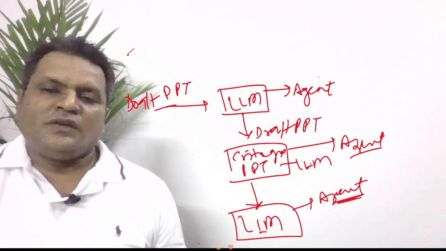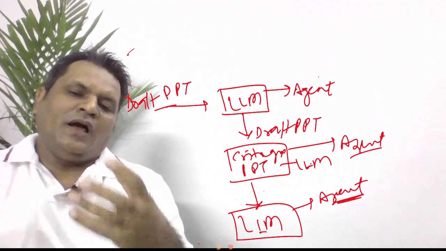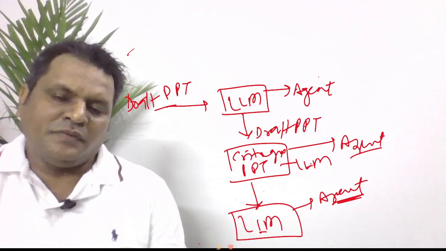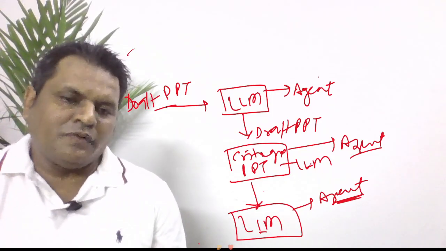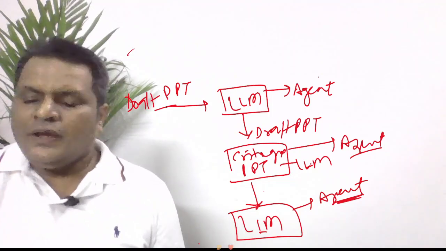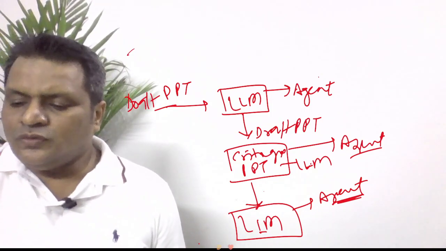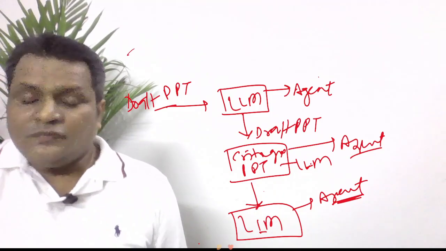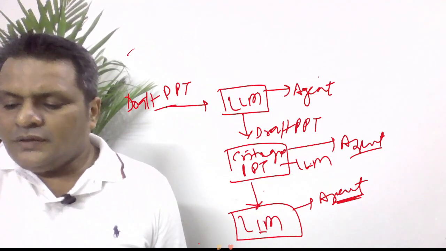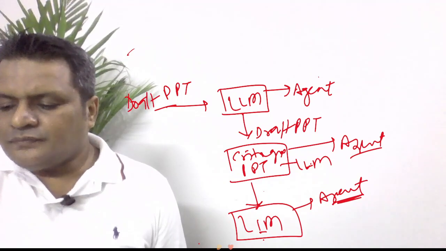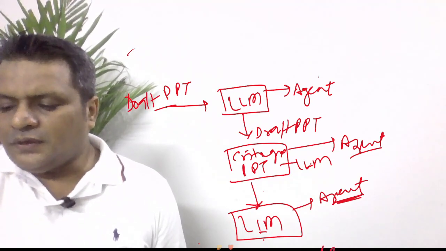We can ask it, can you take this draft PPT and the critique, the feedback provided by another model, and give me a final version. When we give these two inputs to this LLM, which we call an agent, it will provide us a final PPT.